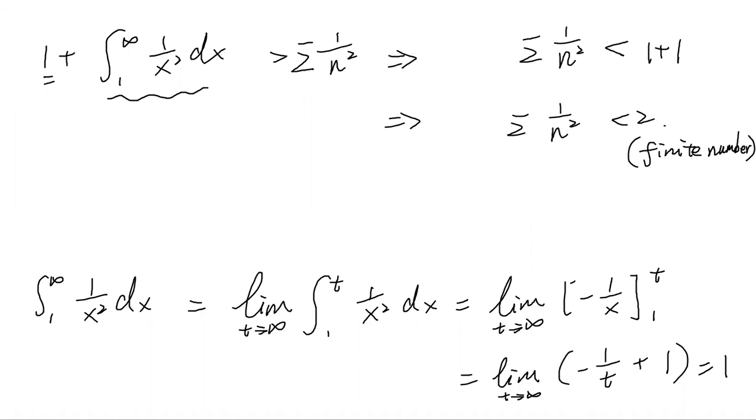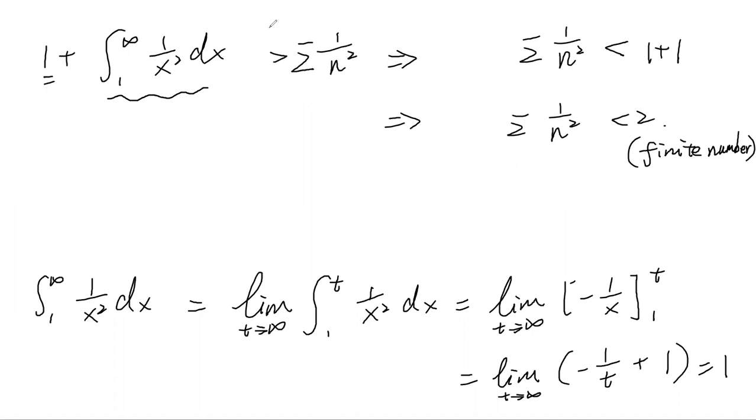I think you can do it all the time. I mentioned in class that you can remove a finite number of terms from the series. It doesn't change the convergence or divergence of the series, because here all we care about is whether the series converges or not. We don't want to calculate its sum. Okay, perfect. Thank you.